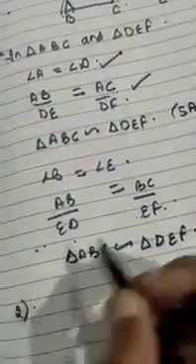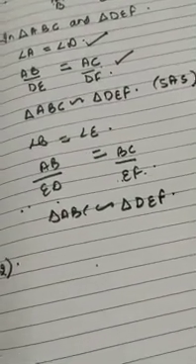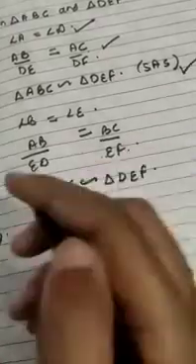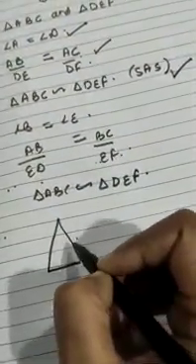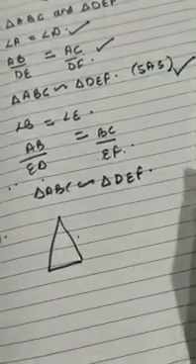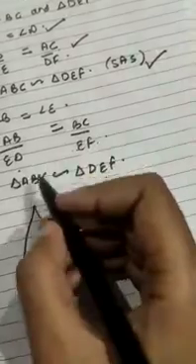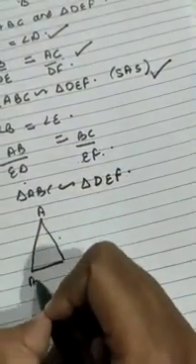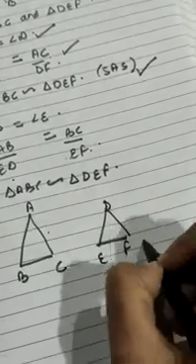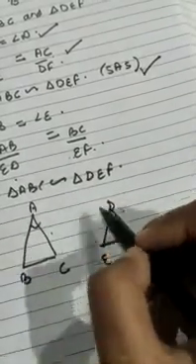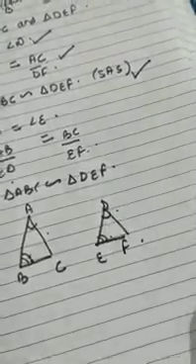Now come to the second condition. The second condition is, if two triangles have at least two pairs of corresponding angles equal. At least means like if you have given three angles, two should be equal, three can also be equal. If A equals D, B equals E, right?